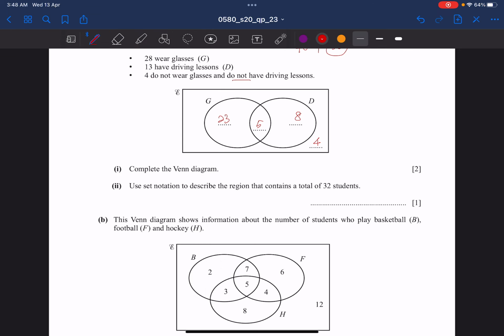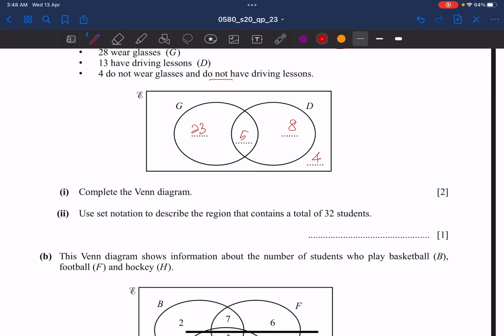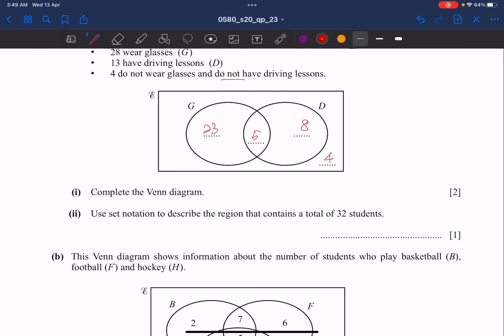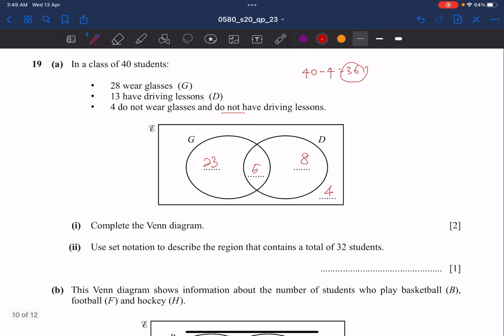Use the set notation to describe the region that contains a total of 32 students. 32 students means here, correct? 40 minus 8, we get the remaining 32. So how should we describe this? Set notation.